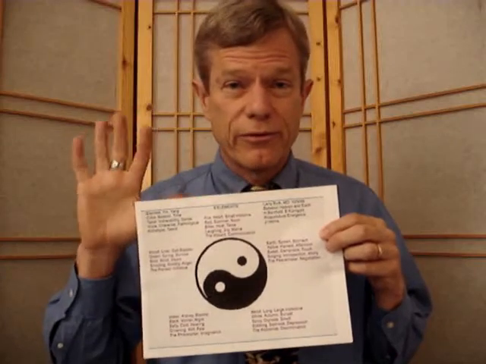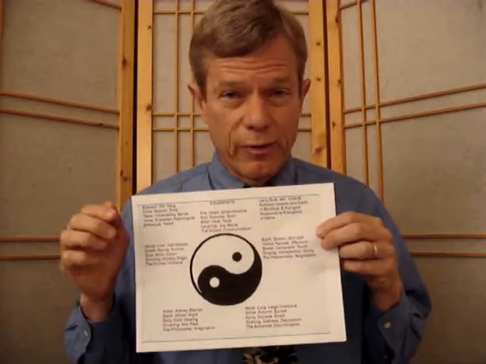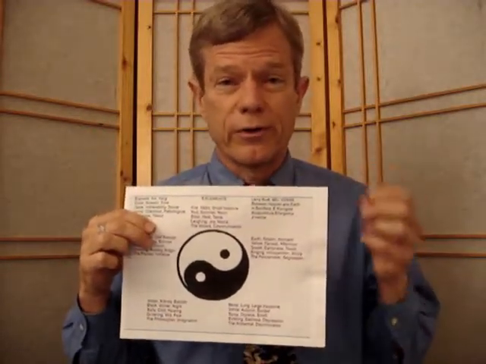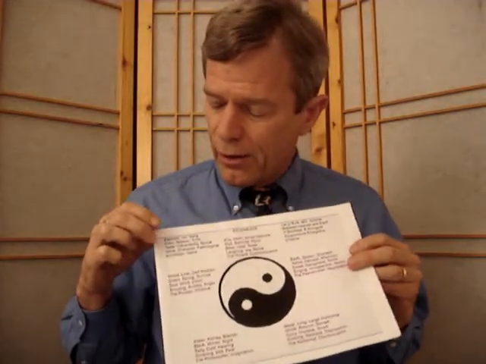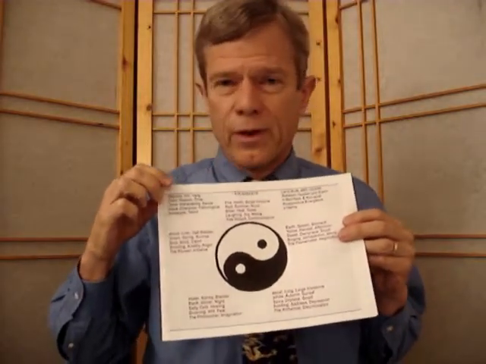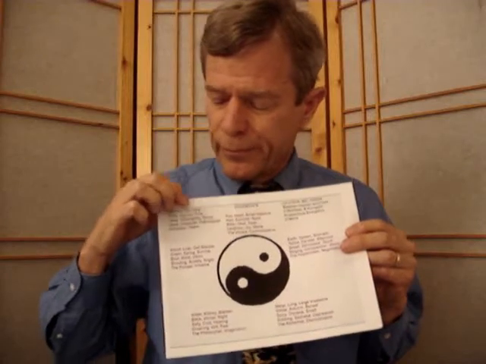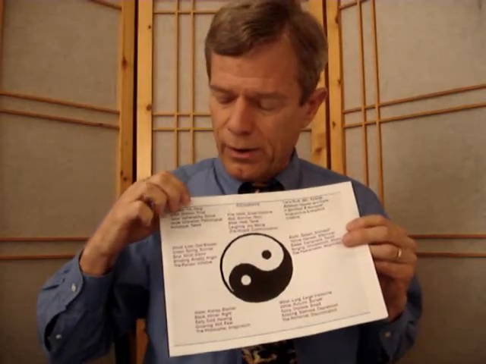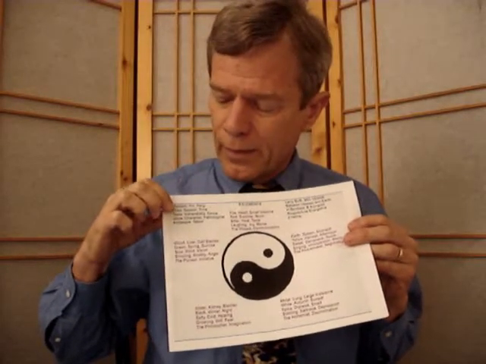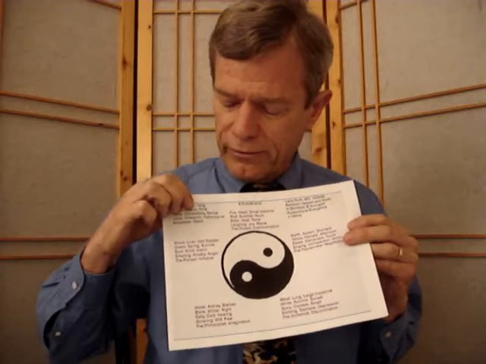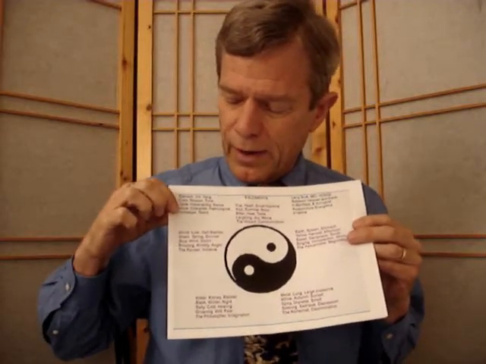There are 5 seasons to correspond to the 5 elements, with the fall season broken up into two different seasons. The key up at the top is going to list an element, a yin organ and a yang organ, a favorite color, a favorite season, a favorite time of day, and a favorite taste.